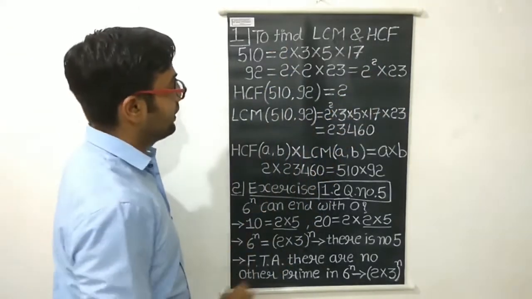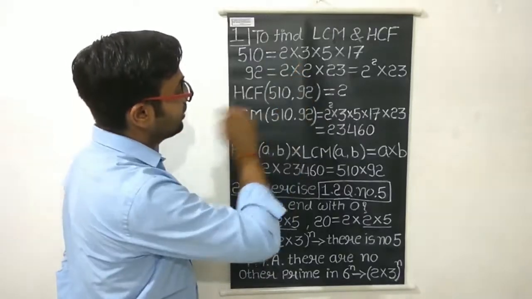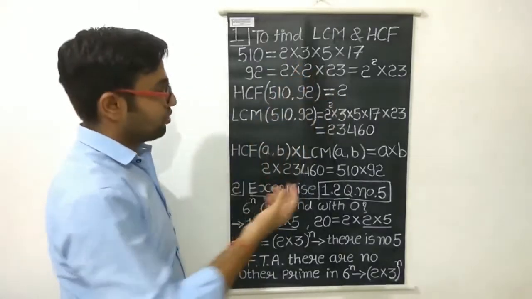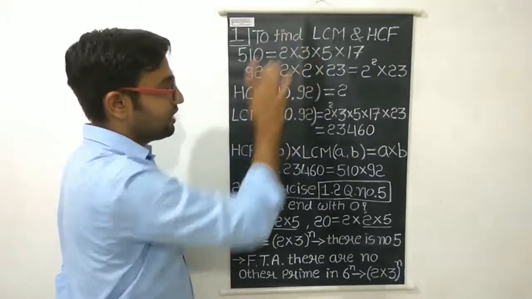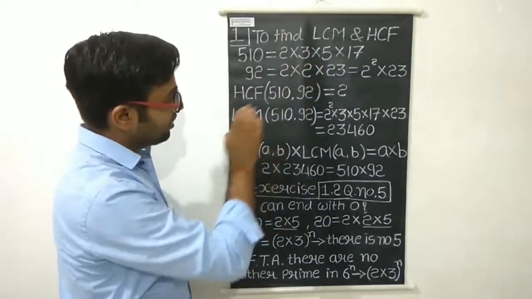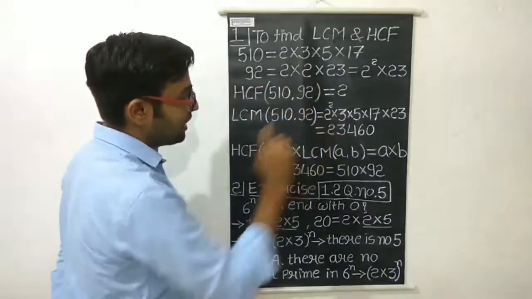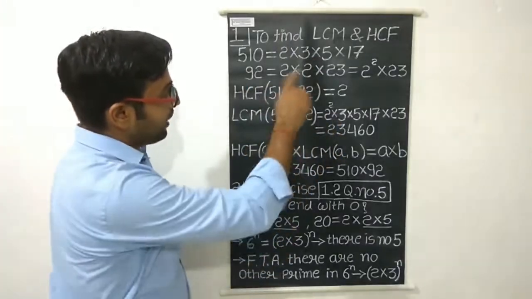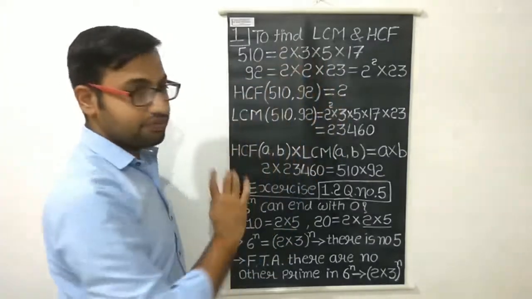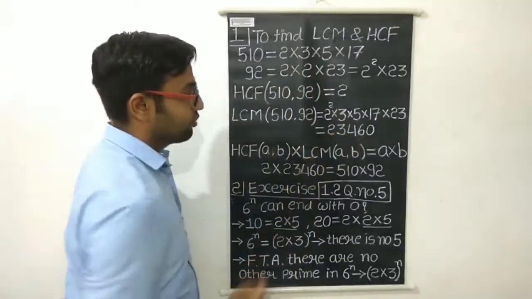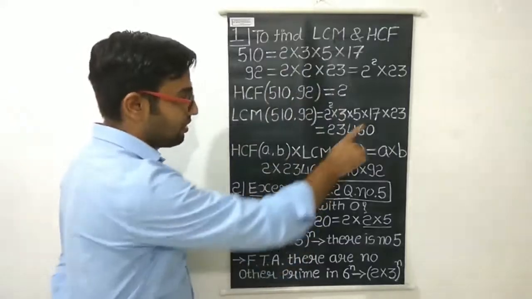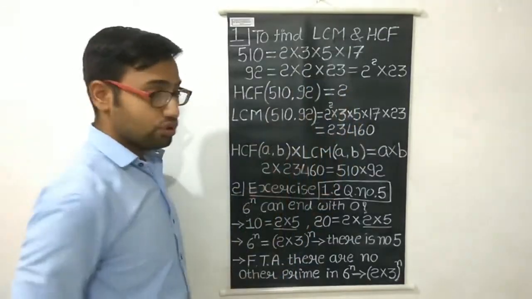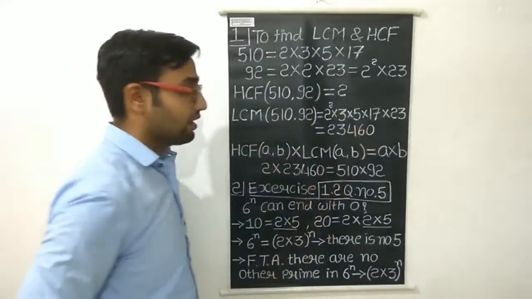Now 3: here there is no other 3, so this will be selected as the maximum power because 3 has power 1 and no other 3 is here. So we select this 3 also. 5 is also one time and that is the maximum power, so we select 5. 17 is also with power 1, that is the maximum power. 23 is also with power 1, so we select 23.